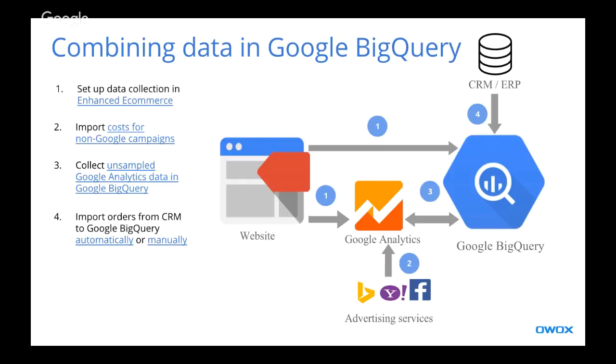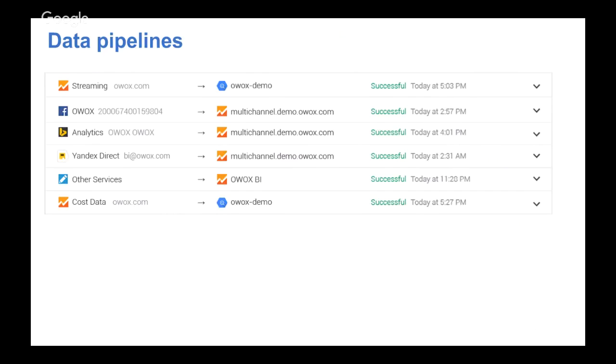So once you set everything up, you can move to the calculation and setting up the interface. By the link, there is a very detailed step-by-step instruction, so we'll not allocate time to this schema. In the end, when you set everything up through OWOX BI, for example, you will have the list of all the pipelines.